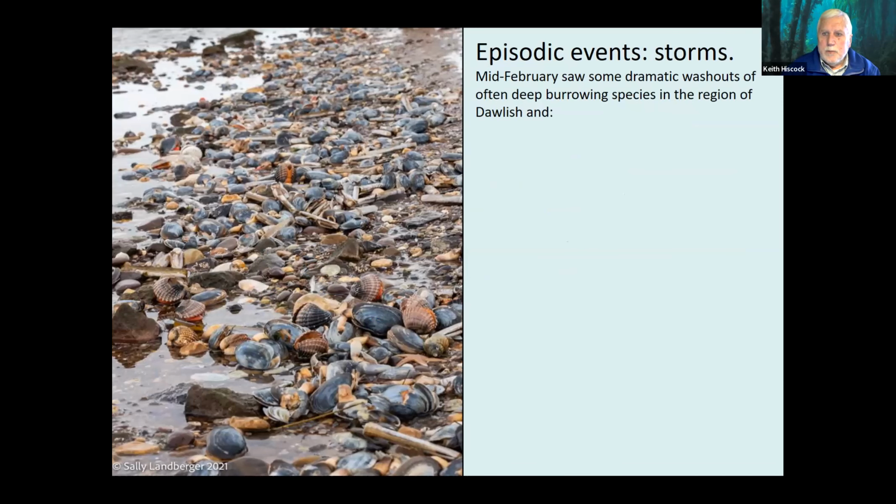Episodic events. I mentioned earlier on that some things are easy to make a link between the environment and an event which has happened. And this is a picture, really dramatic, if you like, of events like washouts. This is mid-February last year, near Dawlish.